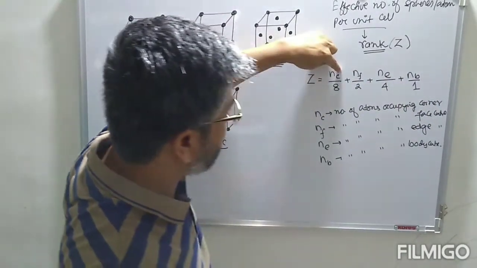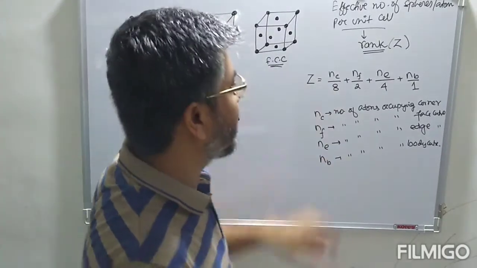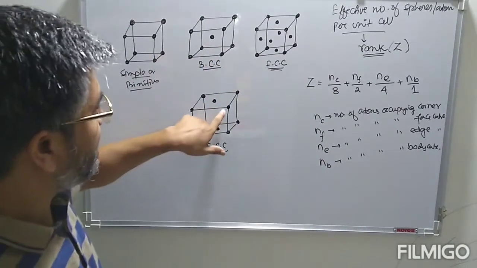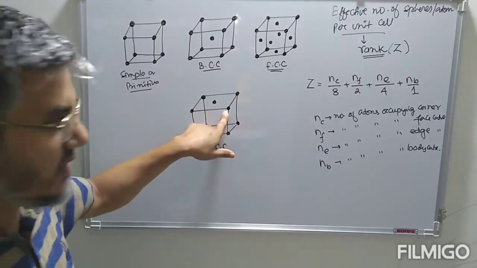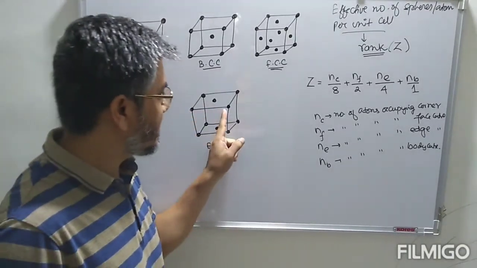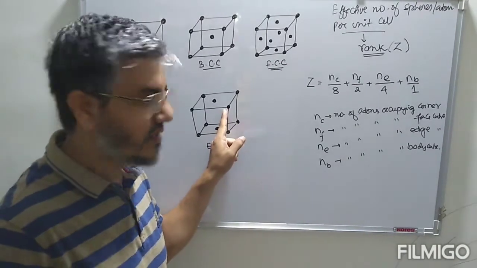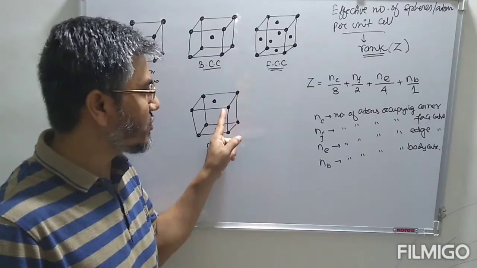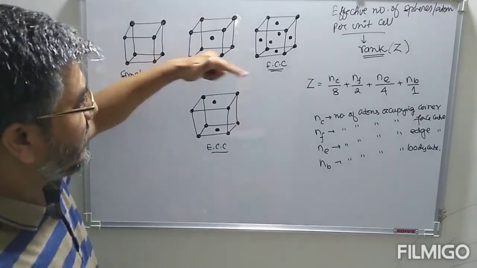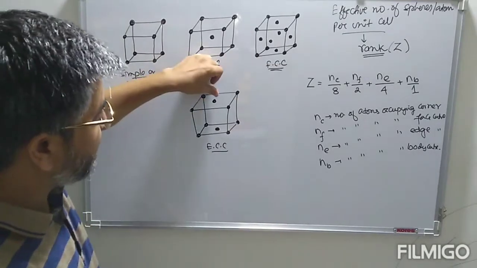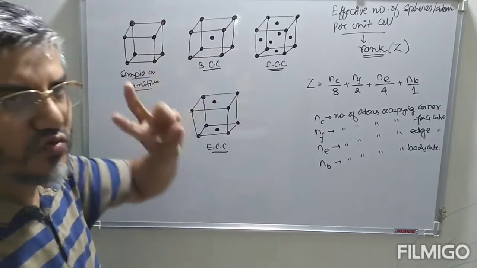The number of atoms occupying corners is divided by 8. That means each corner atom is equally shared by 8 unit cells, so the contribution of each corner atom is 1/8. Then NF by 2 for the face center. A face can be shared only by 2 unit cells.